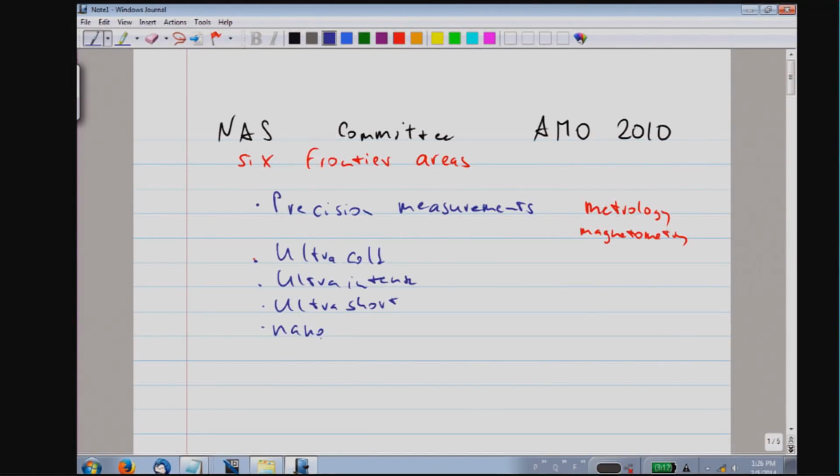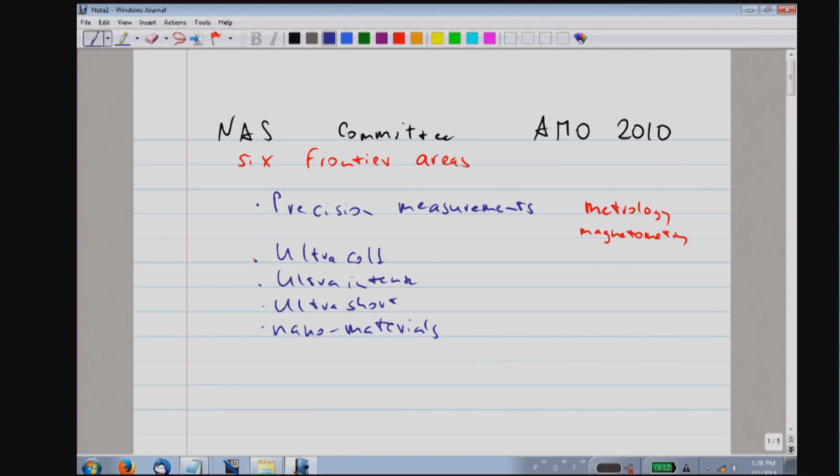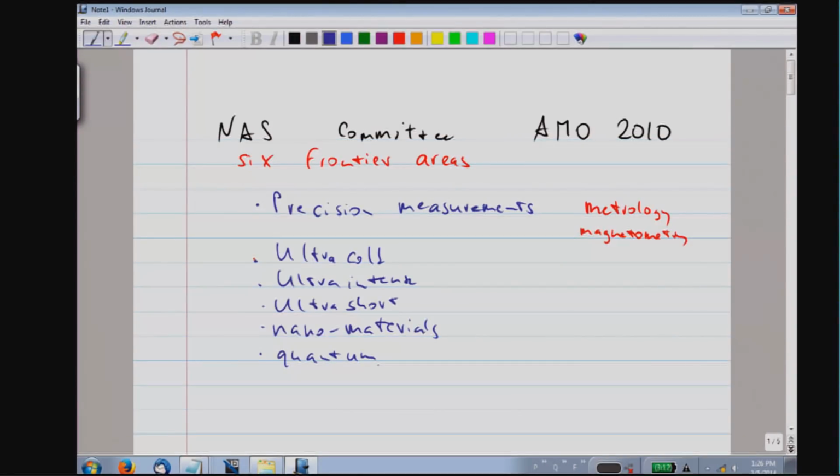Atomic physics is more and more getting involved with nanomaterials, materials with new properties, maybe materials with negative index of refraction, metamaterials, but in general, or plasmonic materials, nanomaterials, can help to shape light and explore new aspects of how light interacts with matter. And of course, a major frontier is the frontier of quantum information.